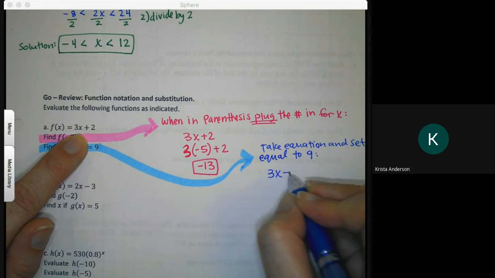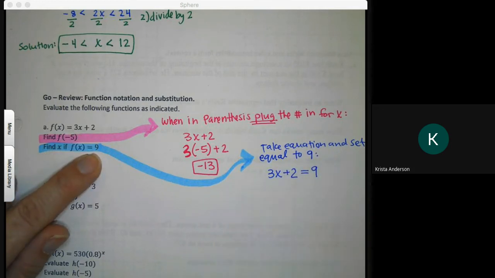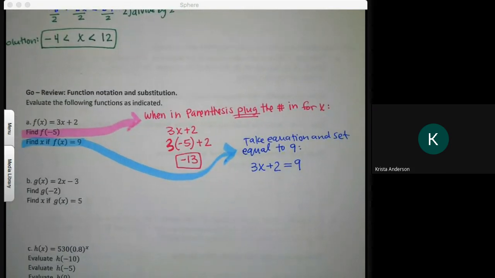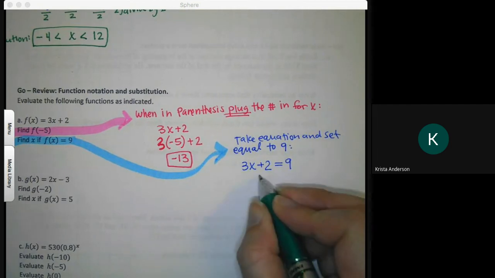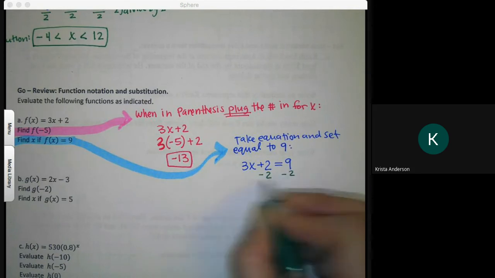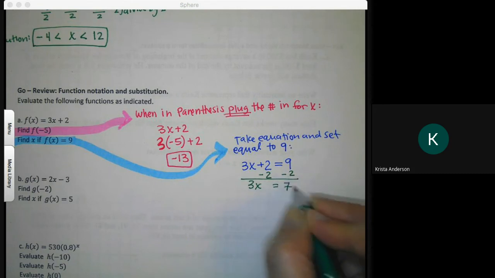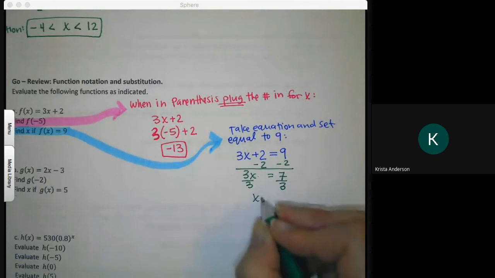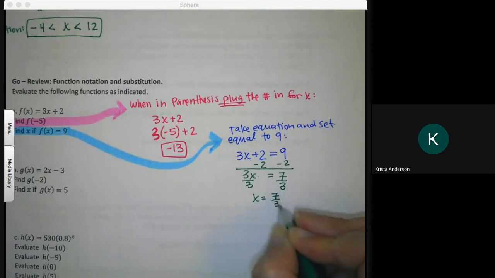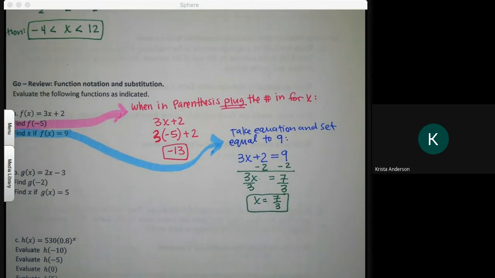Three x plus 2 is equal to 9. How would I then solve for the x? I want x alone. Minus 2. 9 minus 2 is 7. Divide by 3. And I'm going to be lazy and just leave it as a fraction. If you type it as a decimal, it'll still mark it correct. You can pick.